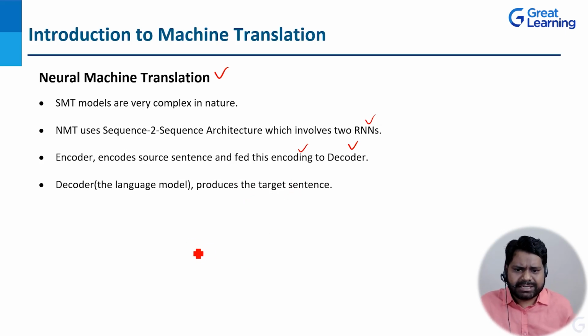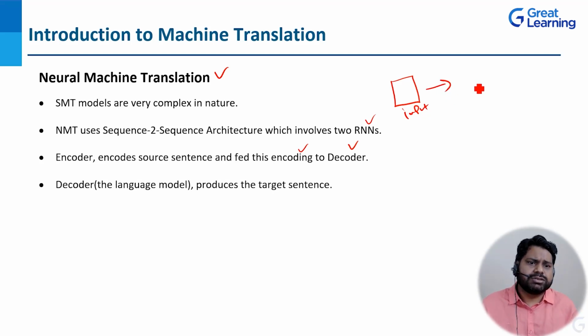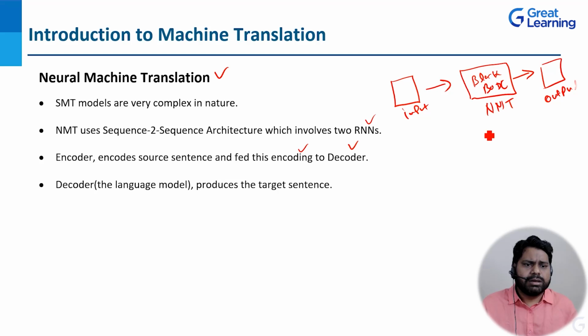Let's try and understand this. There is an input, and this goes to a black box. This black box is neural machine translation, and for that input it gives you output. Now let's break this down further.